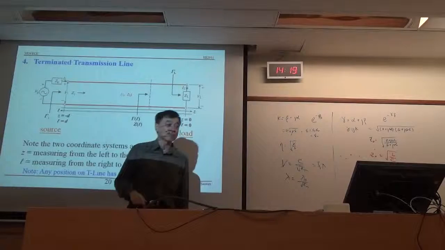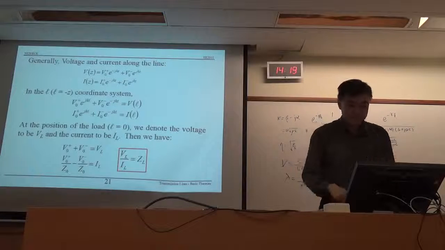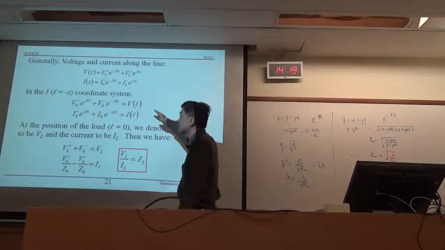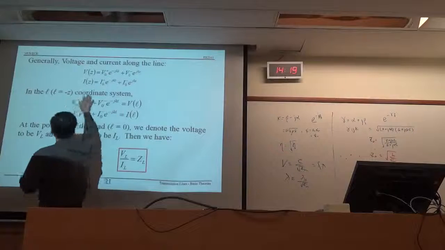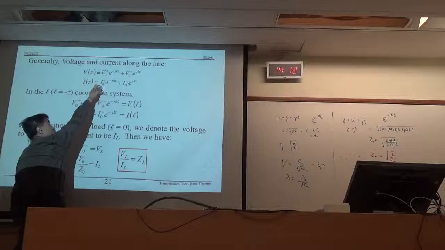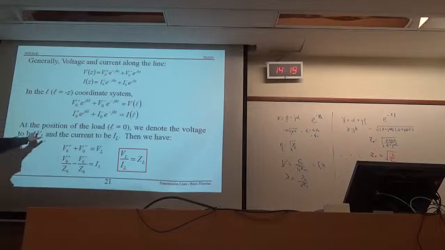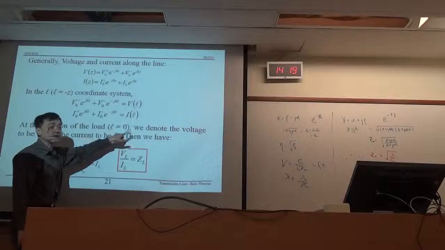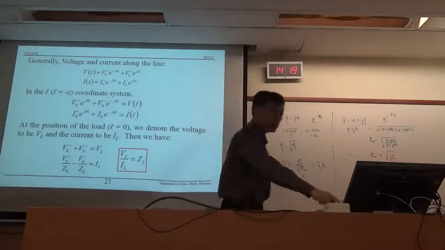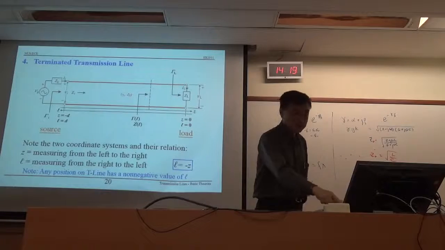So you substitute L equal to minus z into these two equations, and they become this equation. Now, the position at the load is L equal to 0 over here.